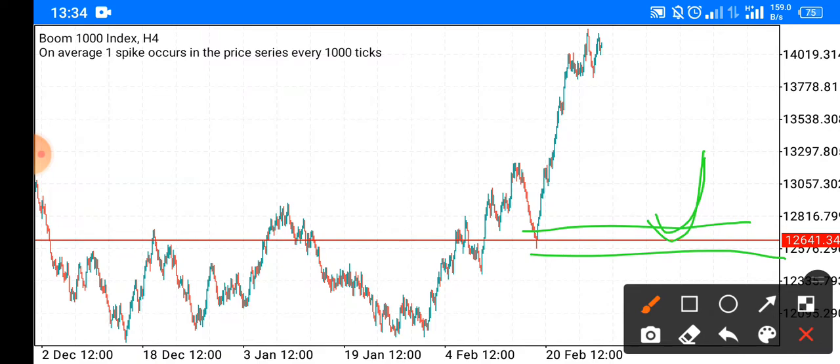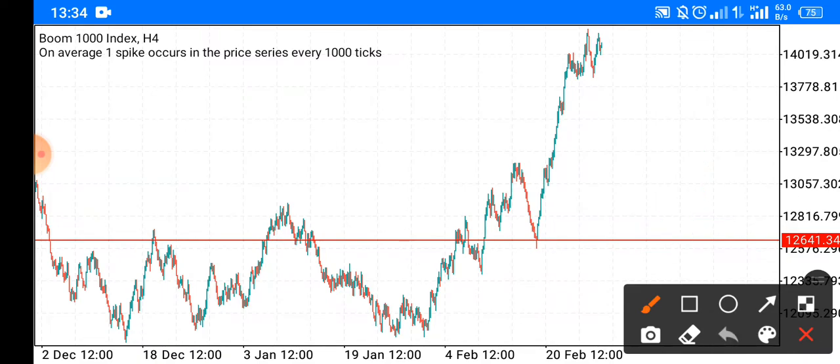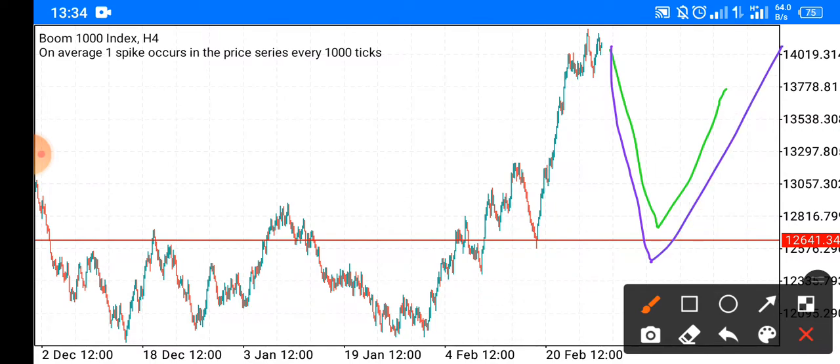Because if you think of it as a line, price may just come, let's take for example this red line as our support level, retrace and go back without touching your line. Or price may come here, break your support level just a little bit, and then go up again.